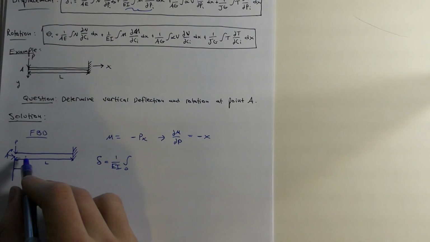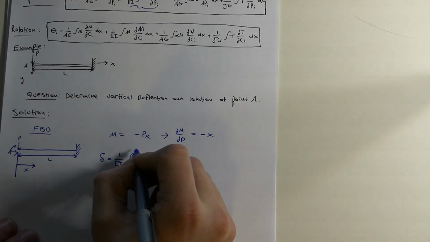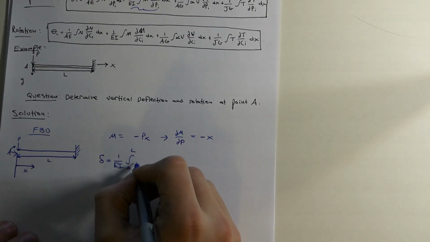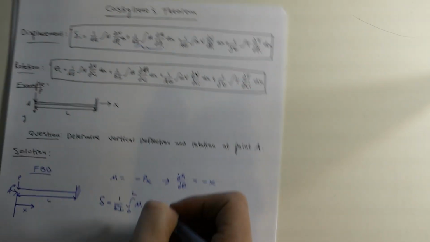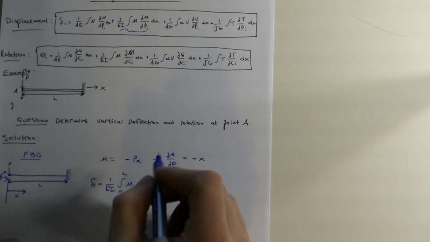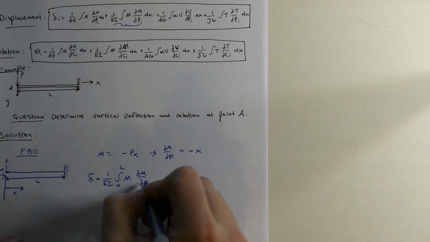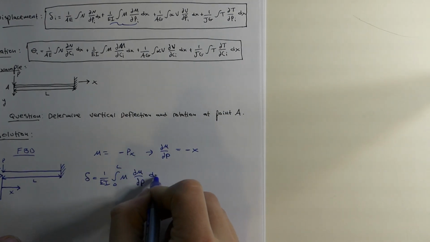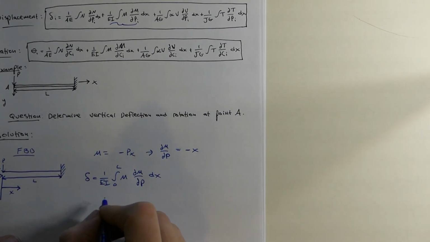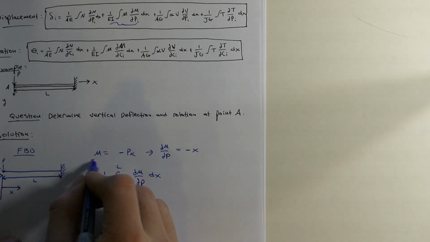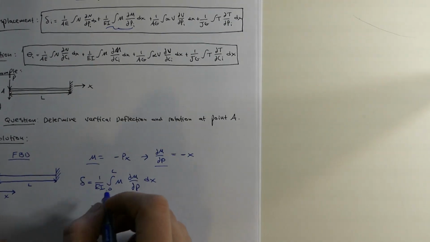And this equation goes over the entire length, so it's going to be from 0 to L, M, which is shown right here, times the partial derivative of M with respect to P, dx.